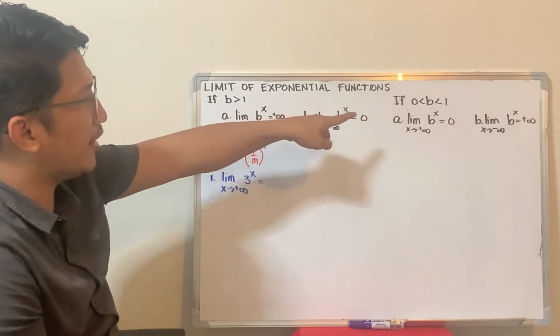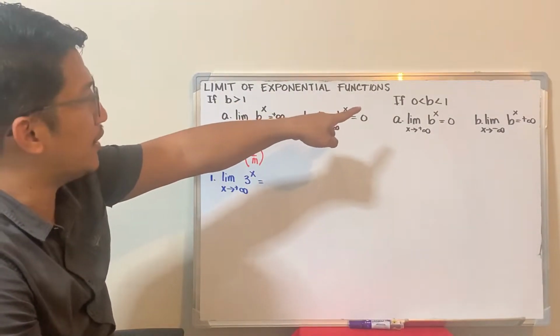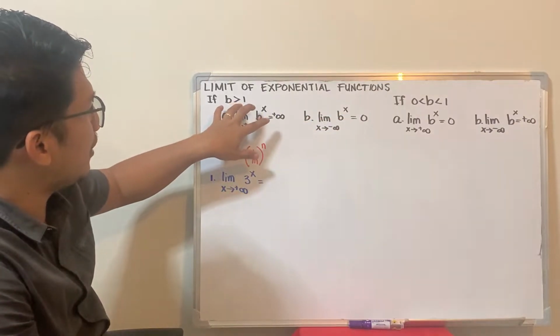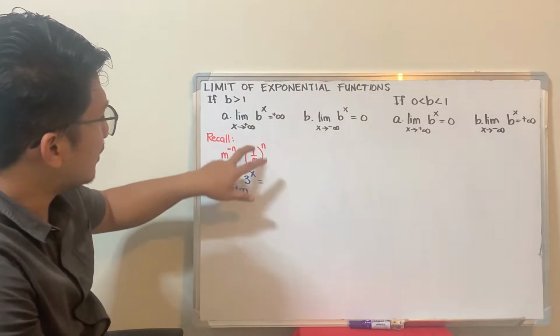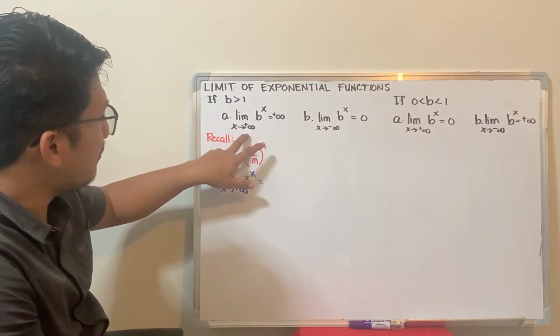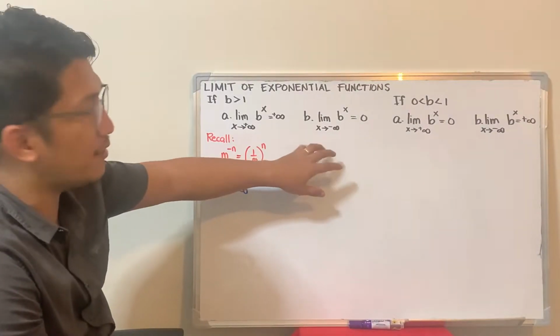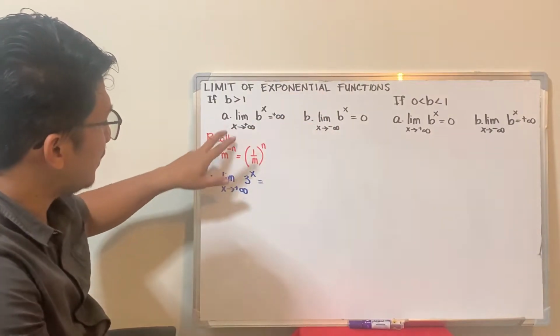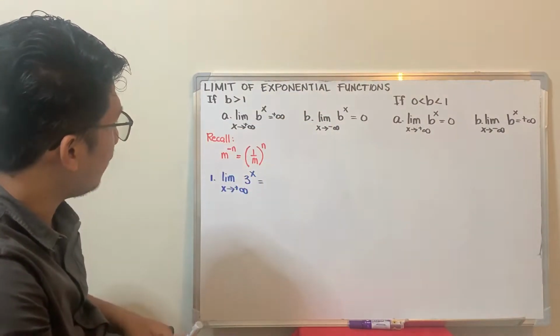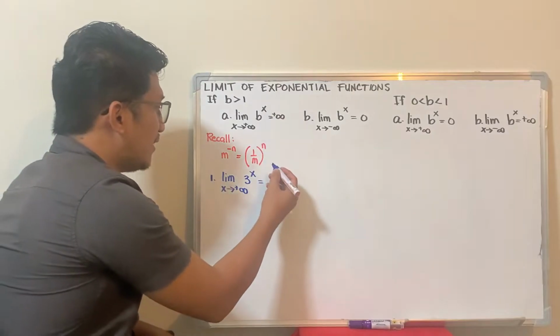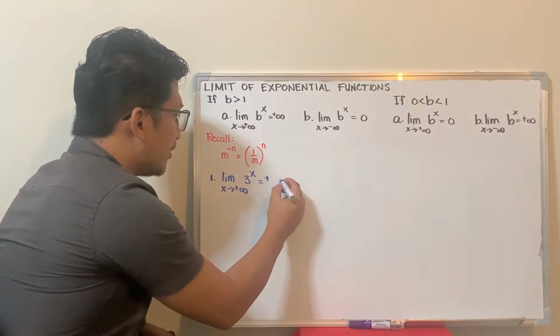The other case, greater than 0 but less than 1, is not applicable here. We look at what x is approaching, and it is positive infinity, not negative. Since this is positive, the result is always positive infinity. So the result here is positive infinity.